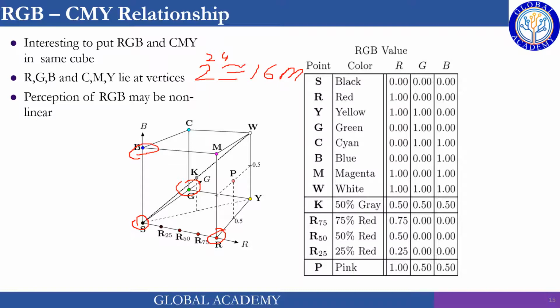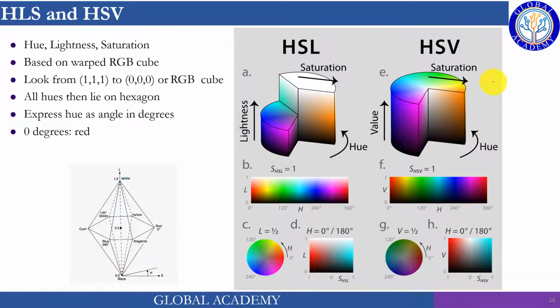So considering 8-bit red, 8-bit green, and 8-bit blue, we can produce 2^24 different colors, which is more than 16 million colors. So RGB is best for graphics displays, and CMYK is best for color printing.